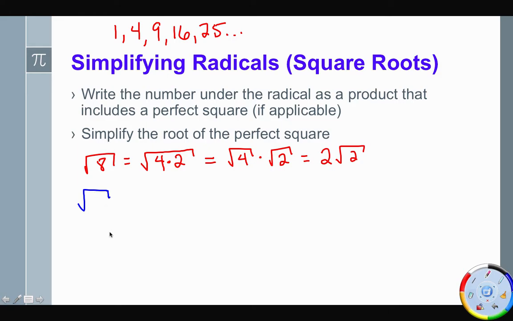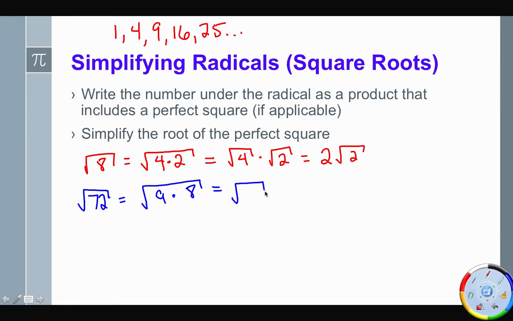If I had the square root of 72, not everybody's going to be able to see the biggest number inside here that is a perfect square. However, I know that 72 is 9 times 8.